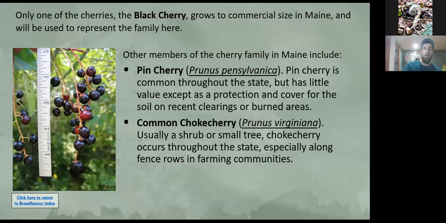Choke cherry is often found growing along fence rows and places that always have good access to light, whereas pin cherry colonizes open areas, whether that's an abandoned gravel pit, or an area that had a wildfire or was heavily logged. That's where you're going to find pin cherry.